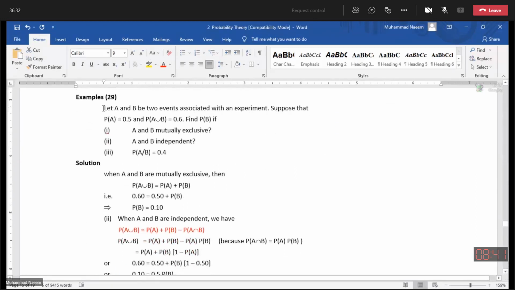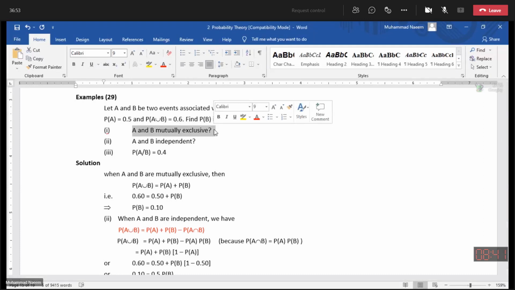Also try to understand this example. Here we are given probability of A, probability of the union, and find probability of B with these conditions one by one. We will not use any condition in any other part.